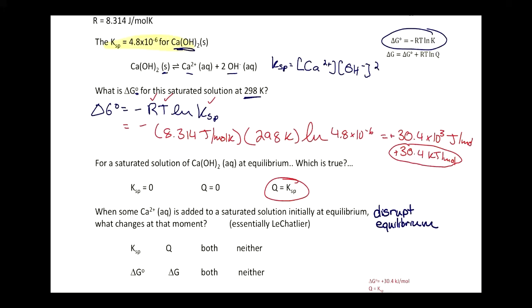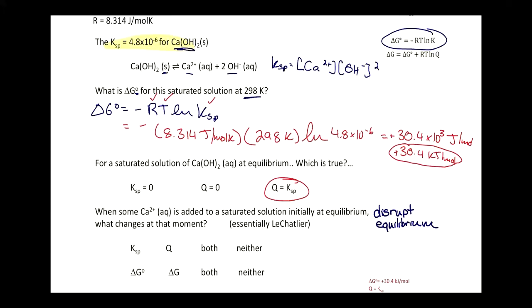But let's think about Le Chatelier's principle and the point of Le Chatelier. Le Chatelier's principle said, what if we disrupt an equilibrium? When we disrupt it, are we at equilibrium anymore? No. And what Le Chatelier's principle predicts is how the reaction has to adjust itself to get back to equilibrium.